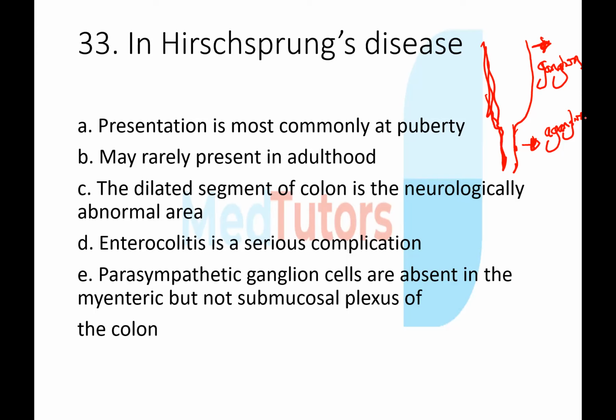Parasympathetic ganglion cells are absent in the myenteric but not submucosal plexus of the colon. So this is false because the parasympathetic ganglion are present in both the myenteric and submucosal plexus.